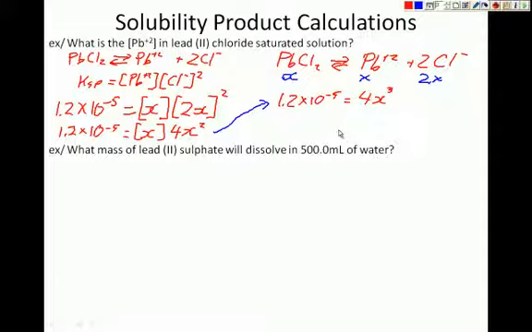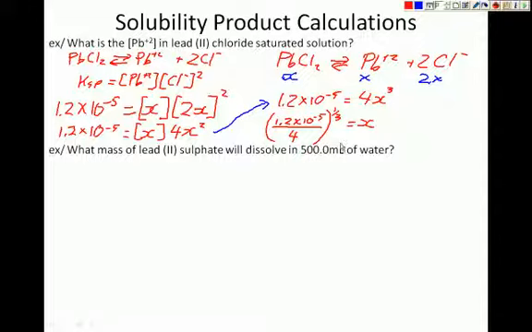Or what we can do is solve for x, and we see that it would be 1.2 times 10 to the minus 5 divided by 4. Now we need to get rid of the cube on this side, so we put it to the power of 1 over 3, and that's going to equal x.